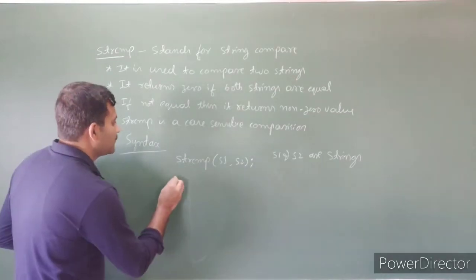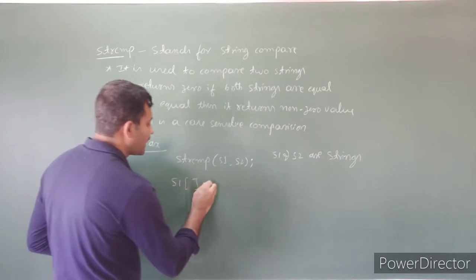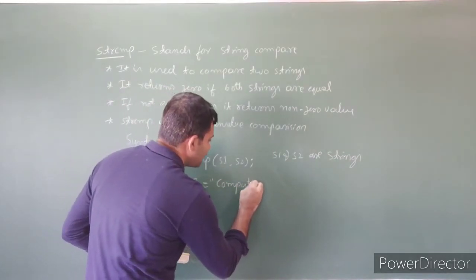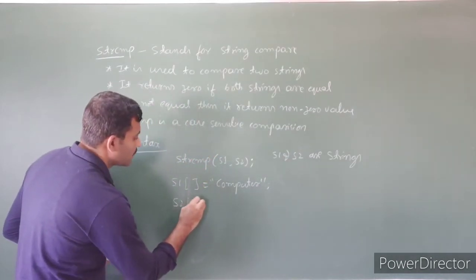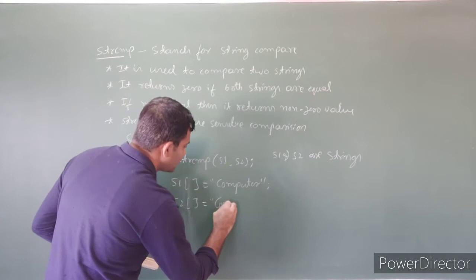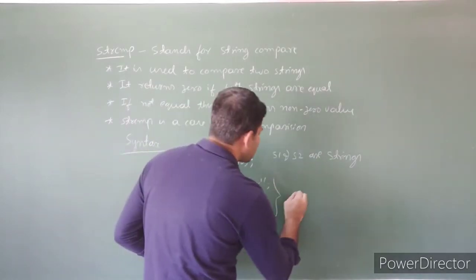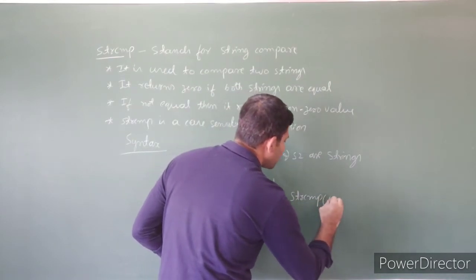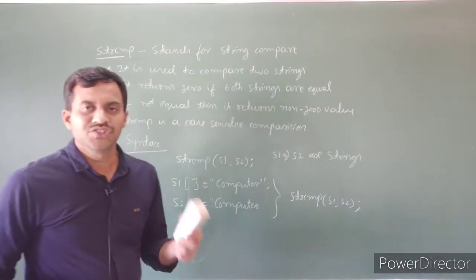See here, if S1 has the value computer, and S2 again has the value computer, then in the example strcmp of s1 comma s2 returns 0.